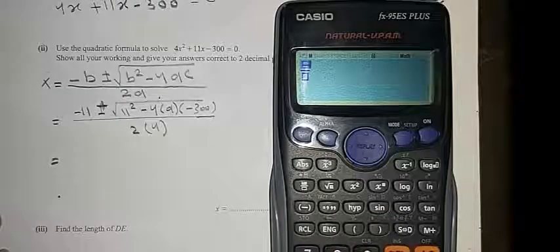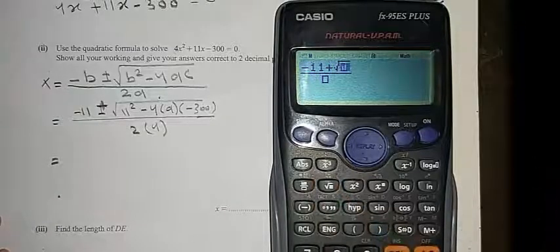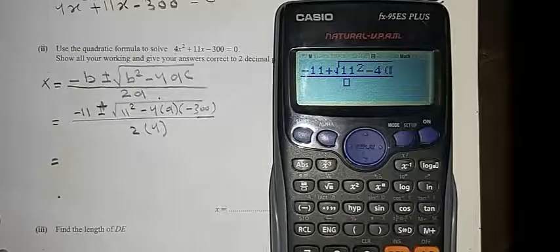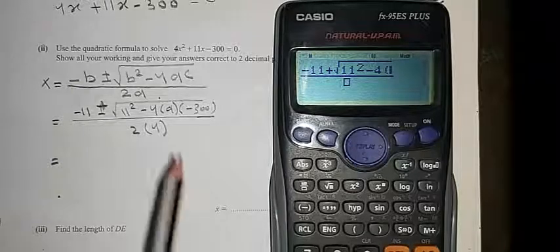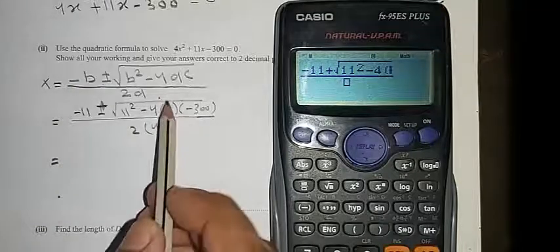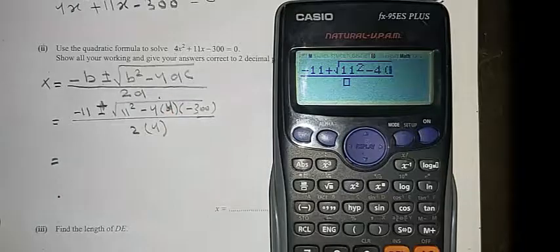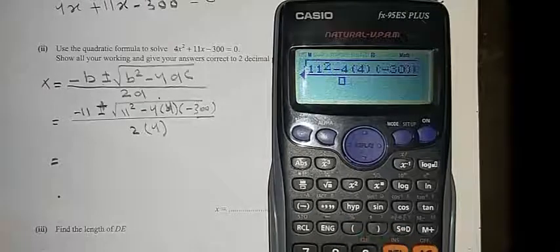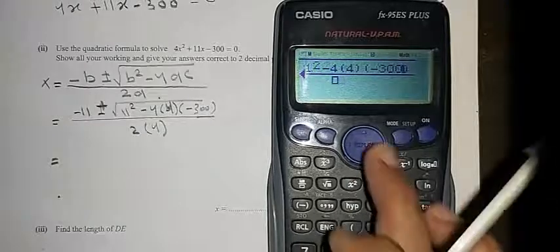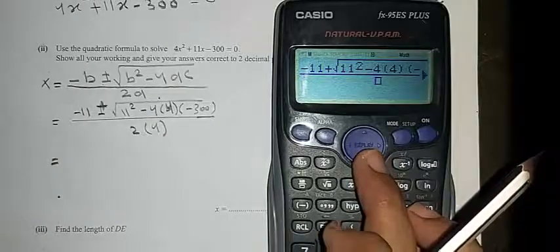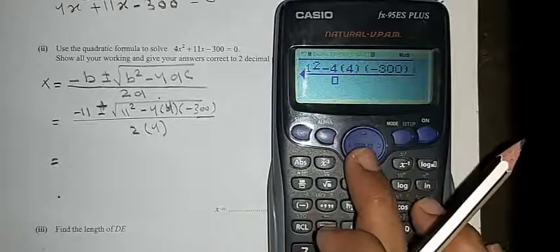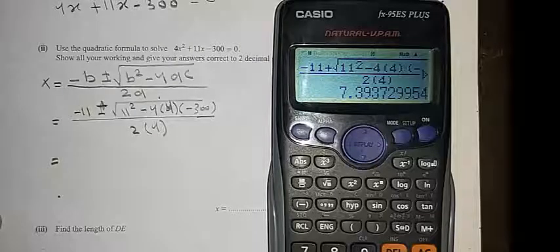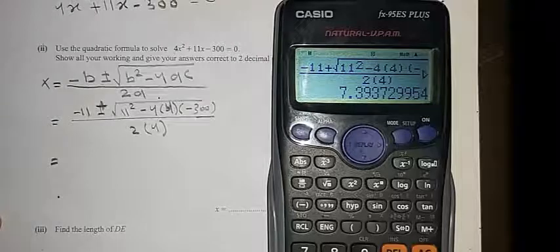So here negative 11 plus square root of 11 squared minus 4 times 4 times negative 300, over 2 times 4, equals 7.39.